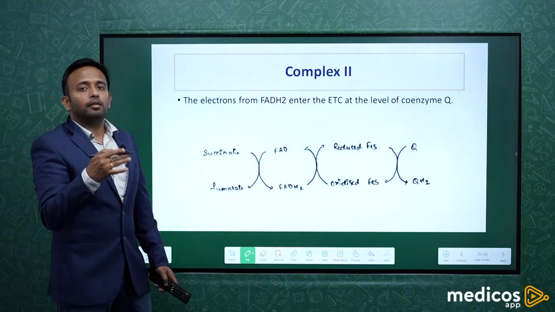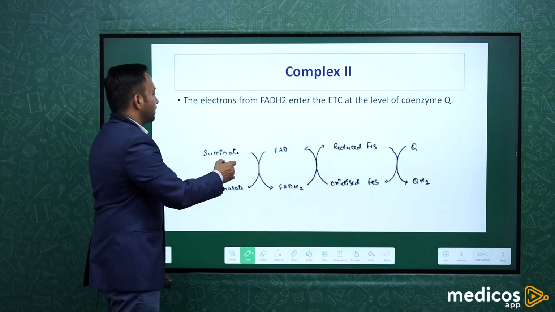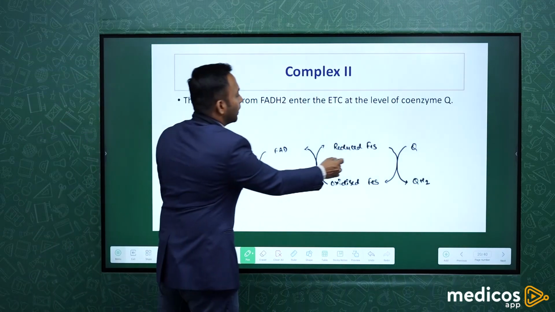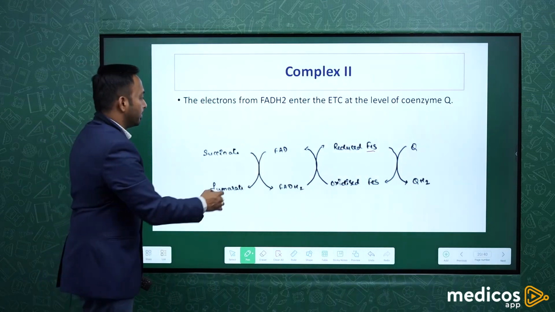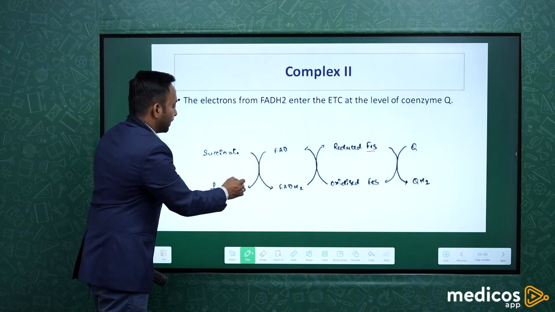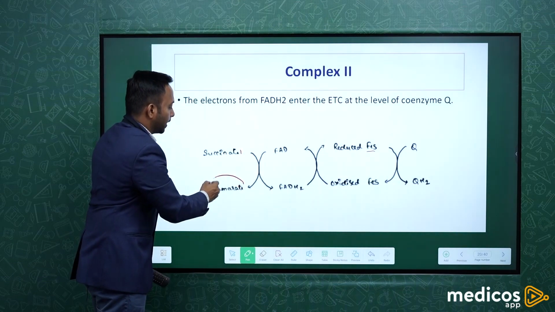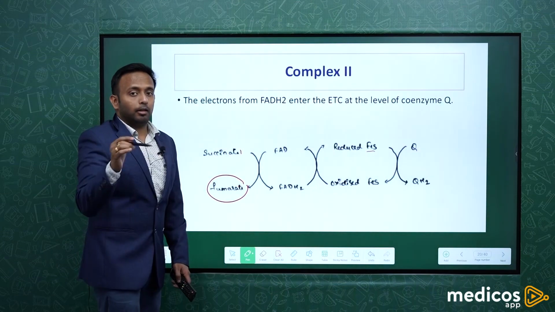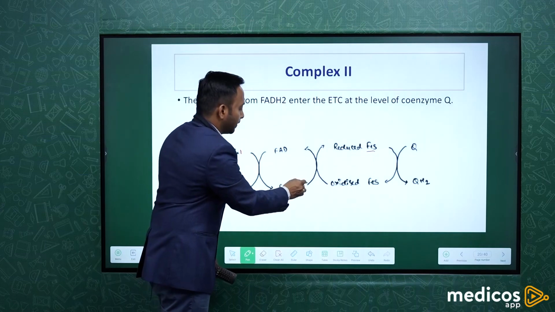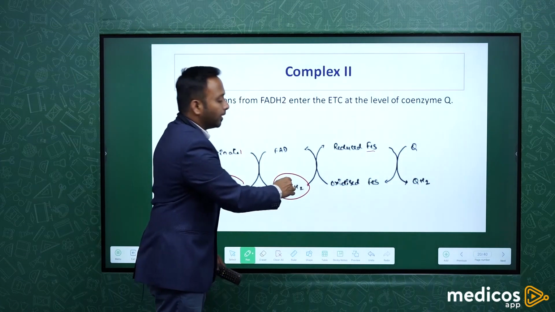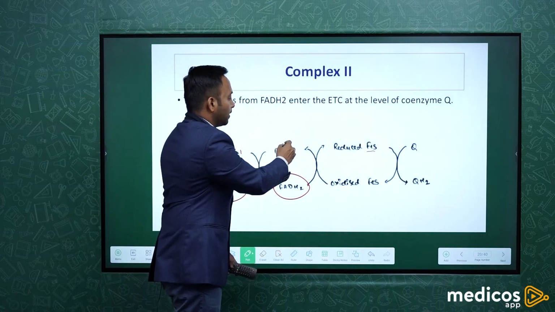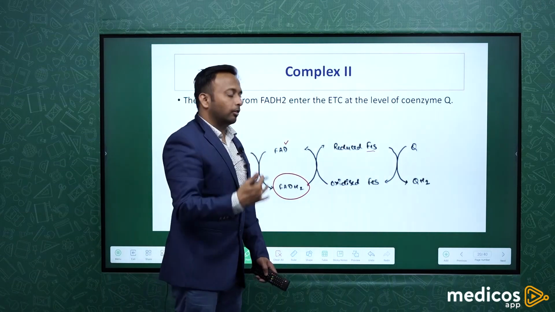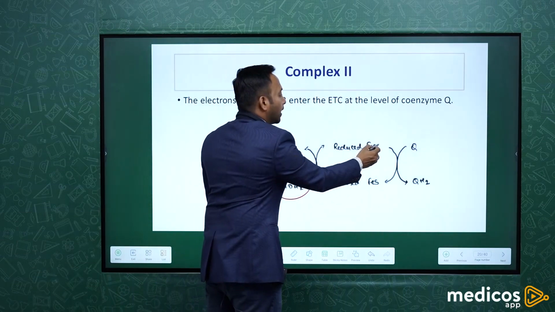Next, it will go to the second complex. Complex 2 is majorly made up of the iron sulfur complex. Here again, the oxidation of succinate to fumarate synthesizes a reduced form of FAD, that is FADH2. The reduced FADH2 gets oxidized to FAD with the donation of hydrogen ions or electrons to reduce the iron complex.